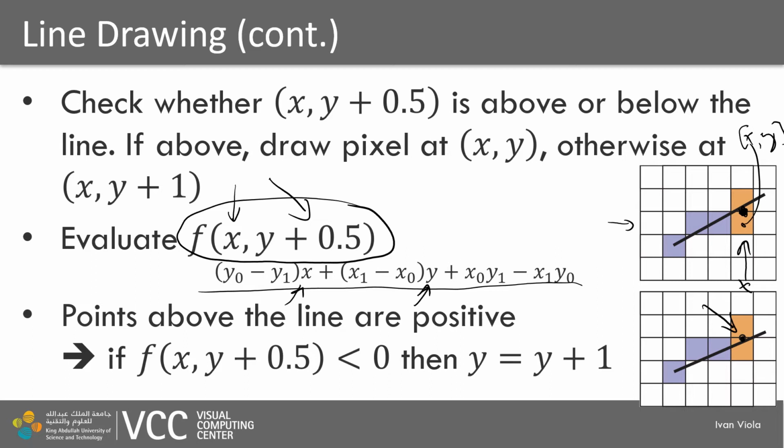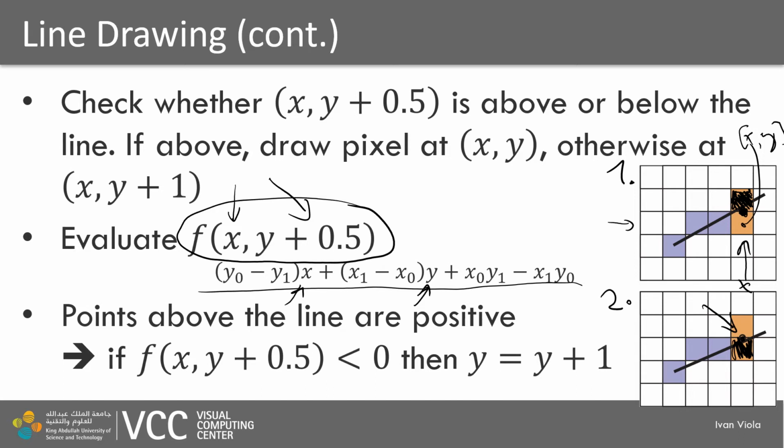So if the line is above the point, as in the first case, we draw the pixel in the row above, and if the line is below the point, we still stay in the same row. And this is a simple rasterization technique.